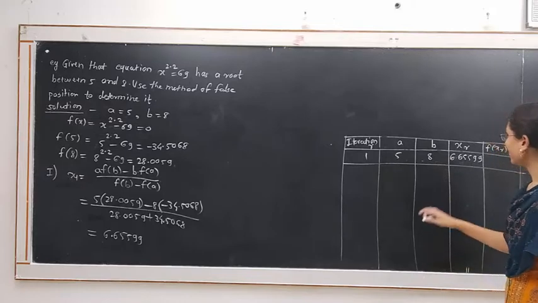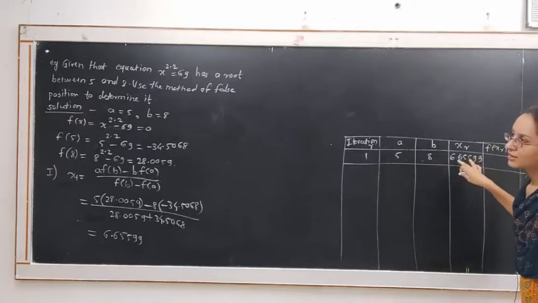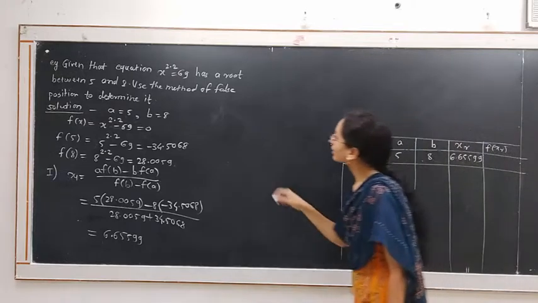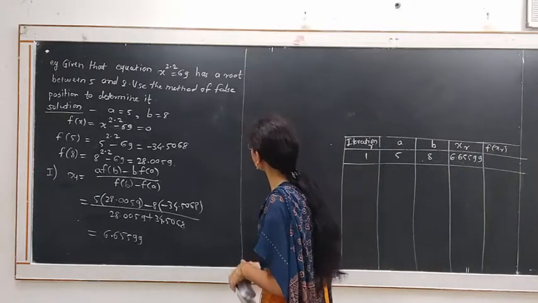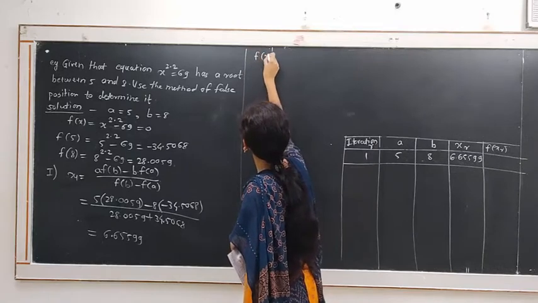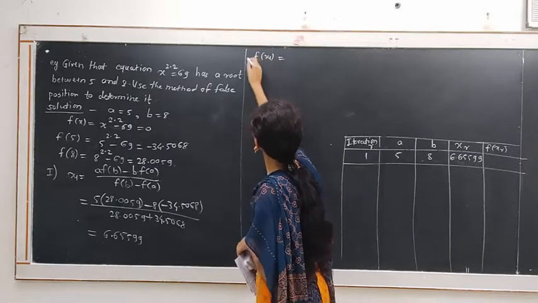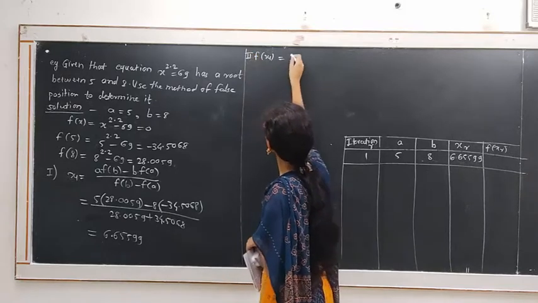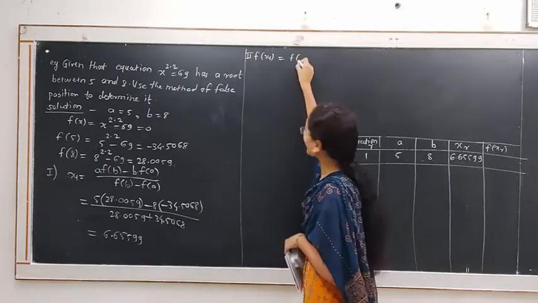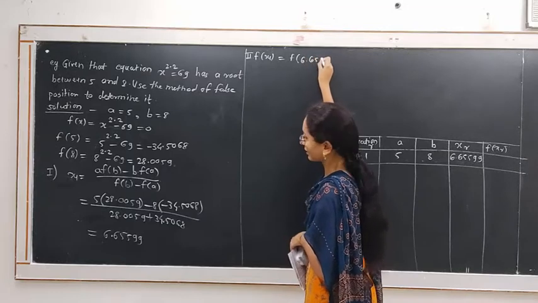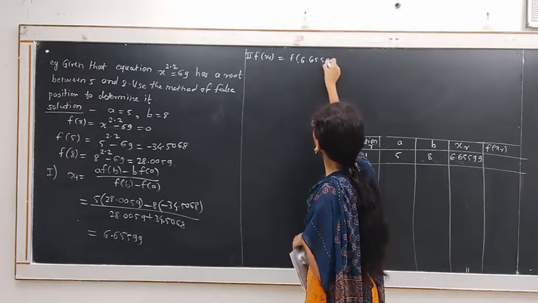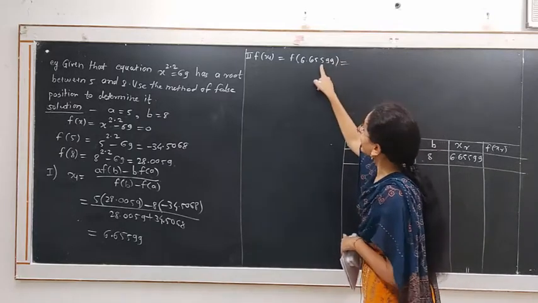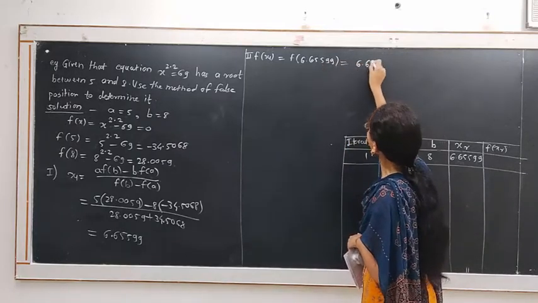Now we check the sign of the quantity f of x1, that is f of 6.65599.